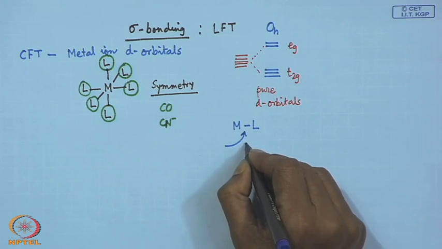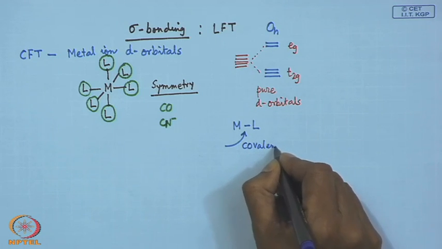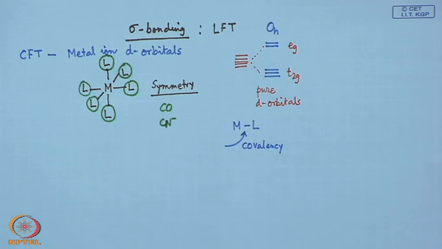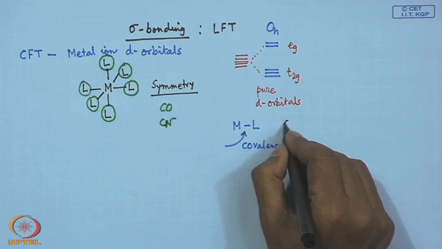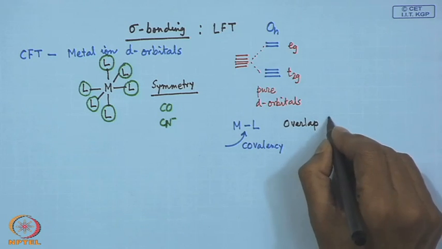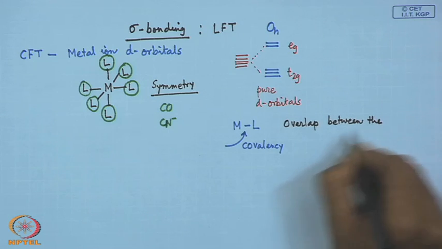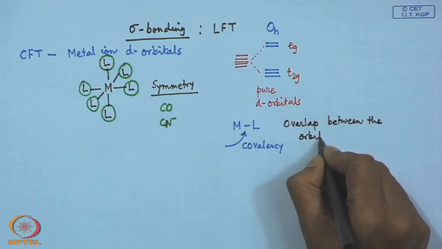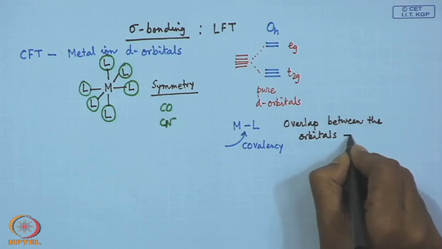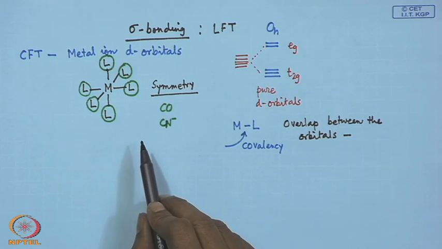If we have some covalency in the interaction between the metal ion and the ligand, we should have some good overlap between the orbitals, that means the orbitals of the metal ion and the orbitals of the ligand.